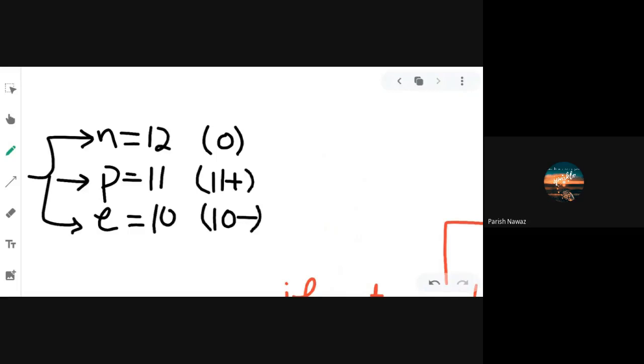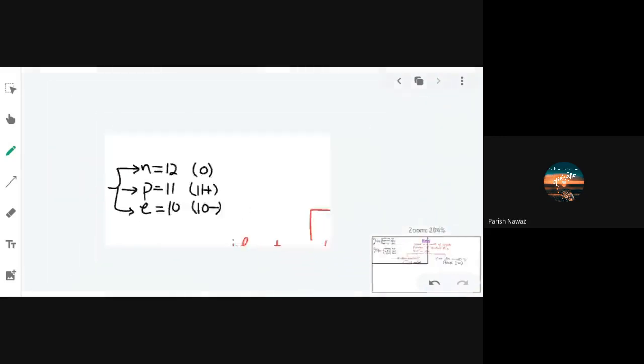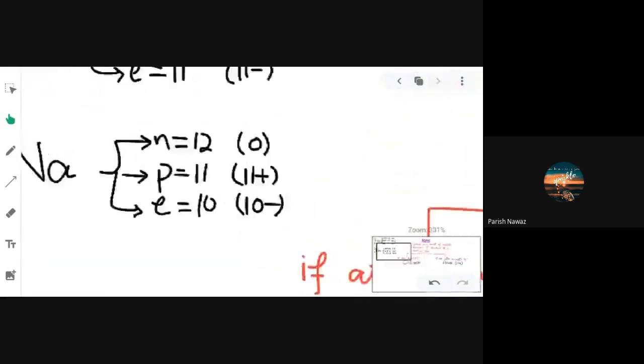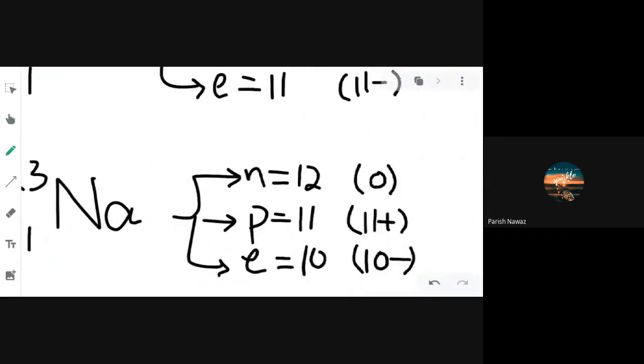So when it has lost one electron, you see that the total positive charge is 11 and the total negative charge is 10. There is one positive charge more as compared to negative charge. Therefore, I will write down here a plus sign, that it carries one positive charge overall.